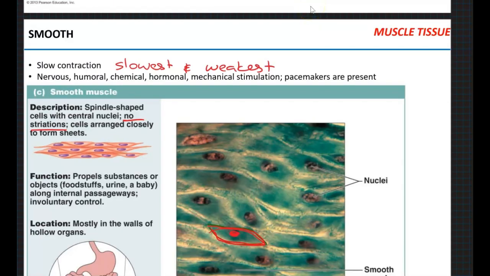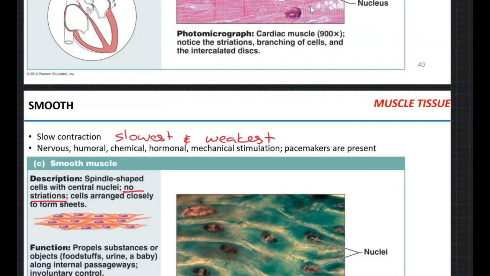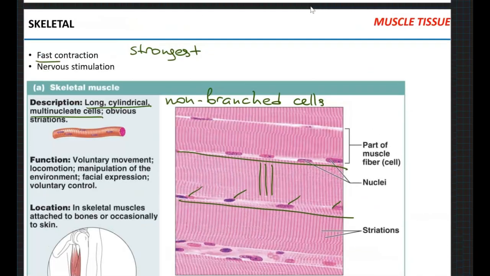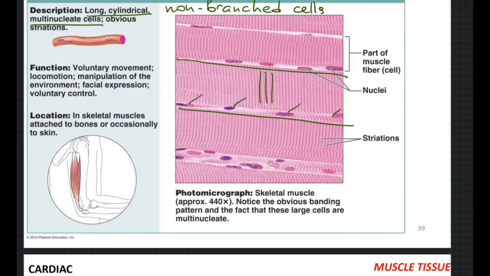The last bit that I wanted to mention about smooth muscle, cardiac muscle, and skeletal muscle is what stimulates the contraction of each. Skeletal muscle, the only stimulus that it can receive is nervous stimulation, which makes sense because only nervous stimulation can be voluntary.